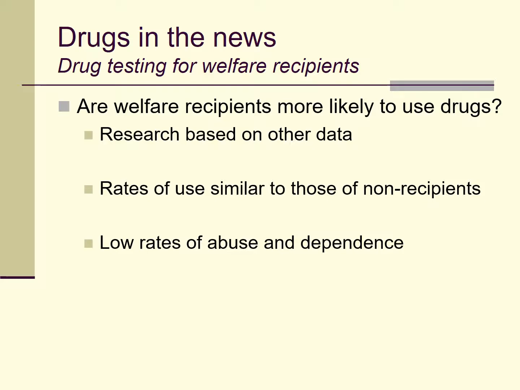So being aware of this research persuades me, at least, that I don't think we have a very large problem in our society with welfare recipients using drugs. So the whole idea behind going out and testing these folks seems a little bit misguided to me.